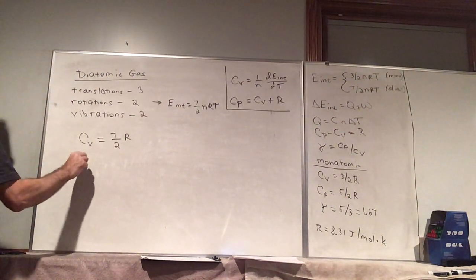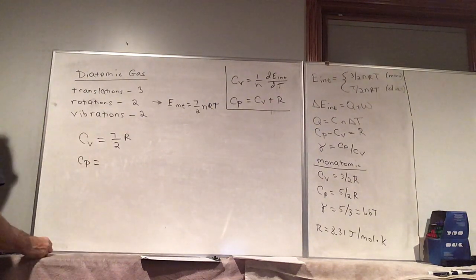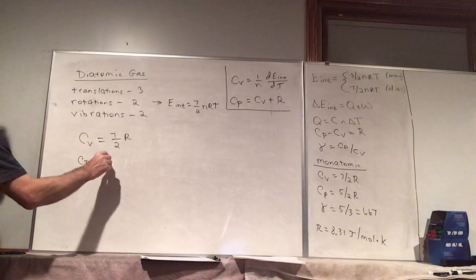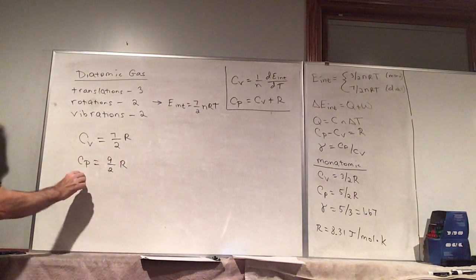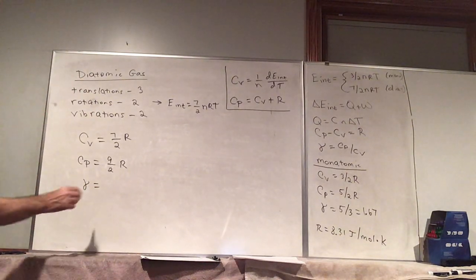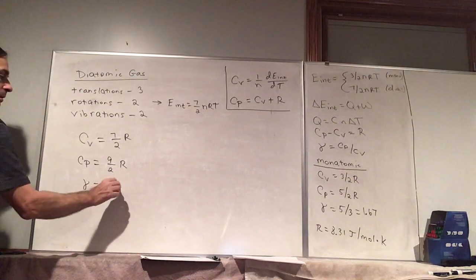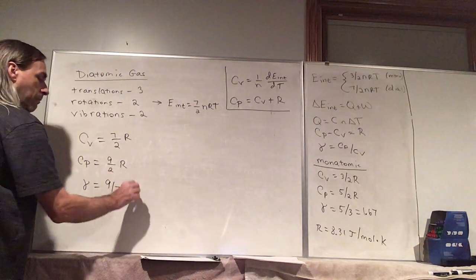And CP would then just be 1 more than that. We just add R, so that should be 9/2 R. And then gamma, that's CP over CV, that's 9 over 7, which is about 1.28.